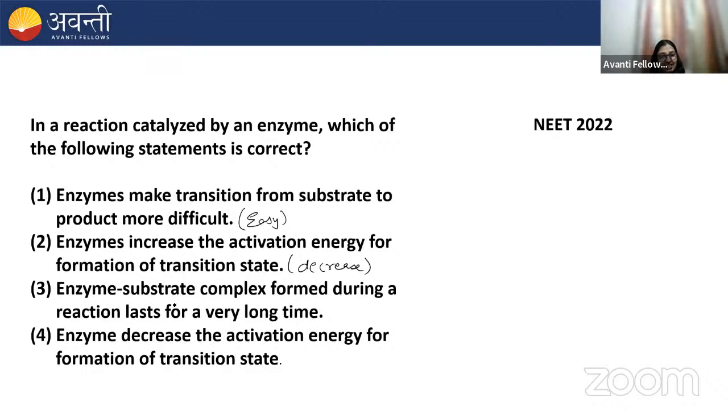Option 3 says the enzyme substrate complex formed during a reaction lasts for a very long time. No, it lasts for a very short time. Option 4 says the enzyme decreases the activation energy for formation of transition state. Yes, this is the correct statement, because enzymes decrease or lower the activation energy for the formation of transition state, and hence they increase the rate of the reaction. So the correct option is option number 4.